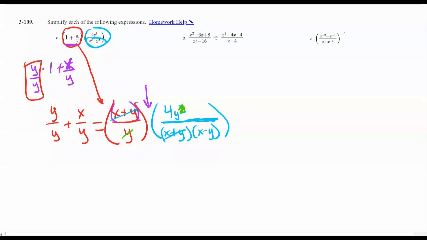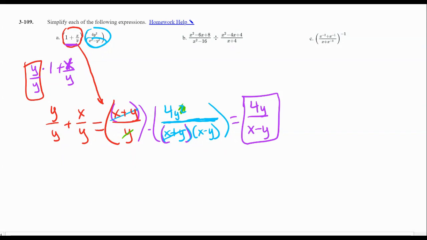I'm looking at this as one piece of the left side and one piece of the right side. That is why I can cancel them out. If I was adding or subtracting between these, I could not cancel. But I'm able to, and therefore what's left over is just 4y on the top and x minus y on the bottom. And so that's what we get for A.